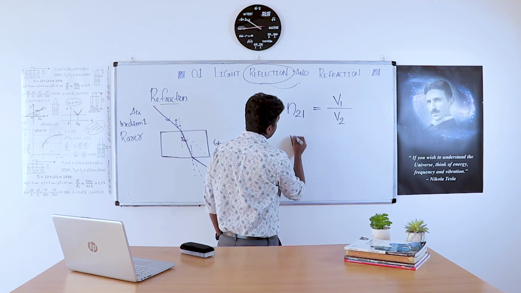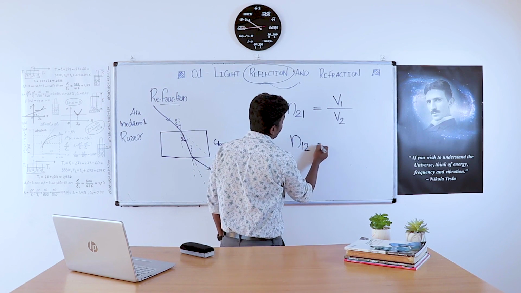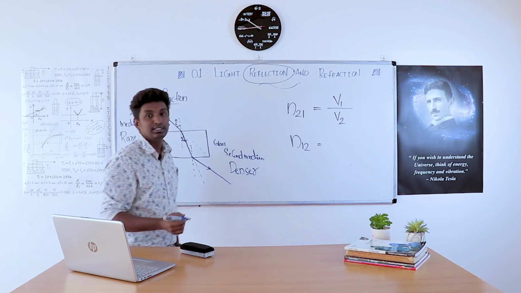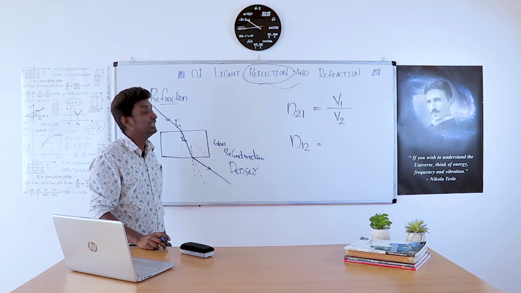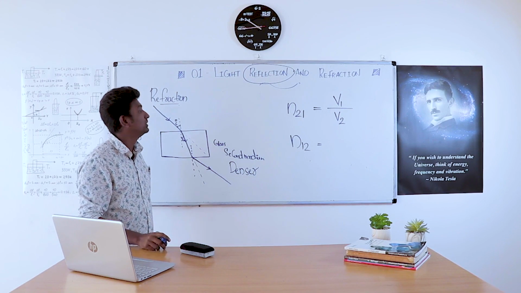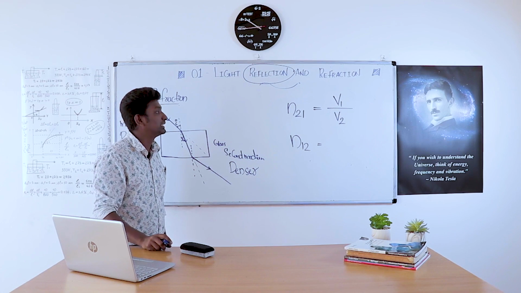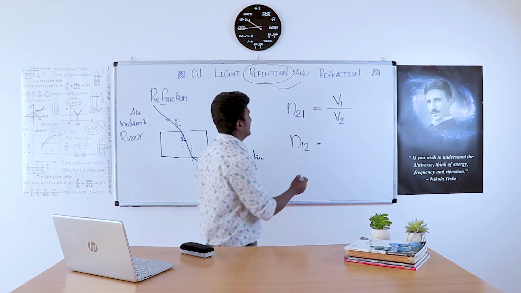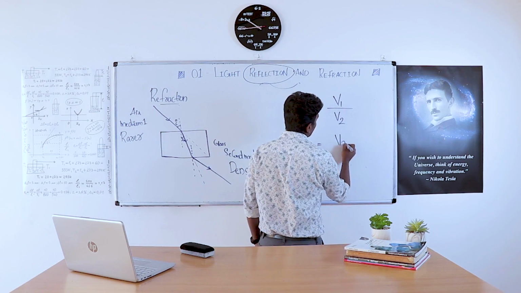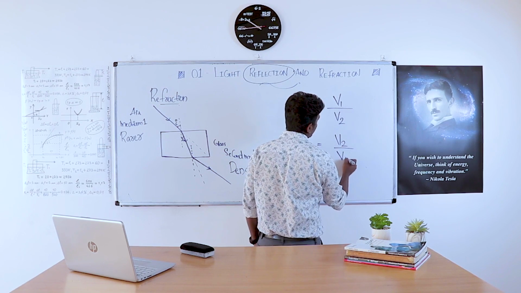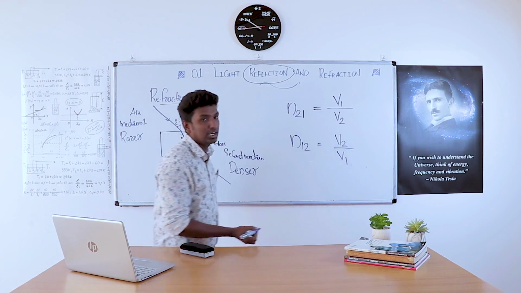Now I am writing N12. N12 means the refractive index of medium 1 with respect to medium 2. This can be written as velocity of light in medium 2 by velocity of light in medium 1.